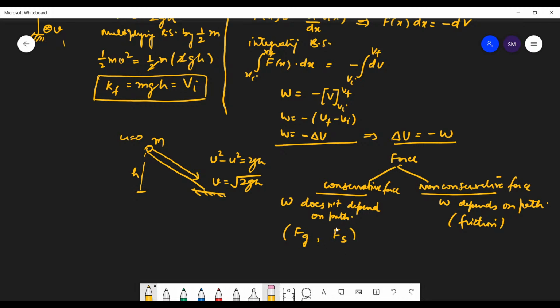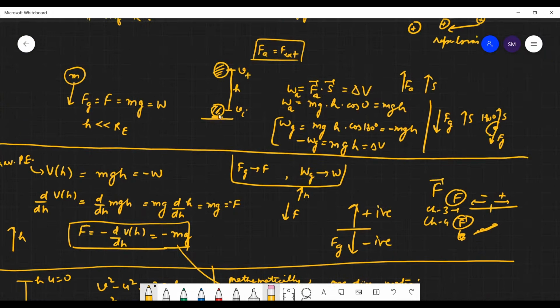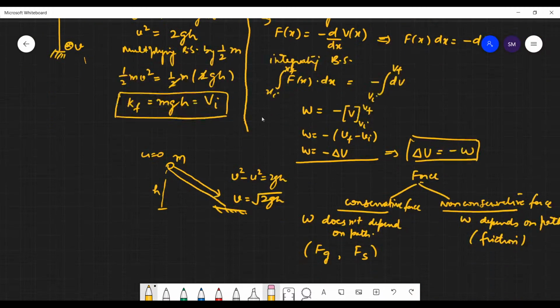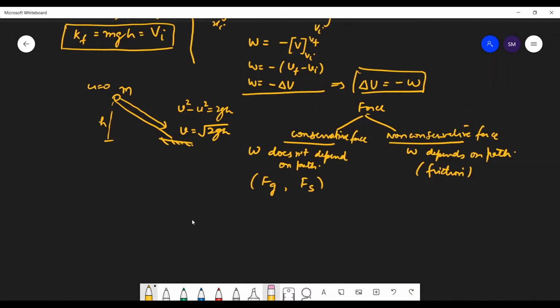So these are the examples of conservative force where the whole work is converted into the potential energy. I told you one condition, that when you are storing this whole work done into the potential energy, then you need to take this body upwards with infinitesimally small speed.